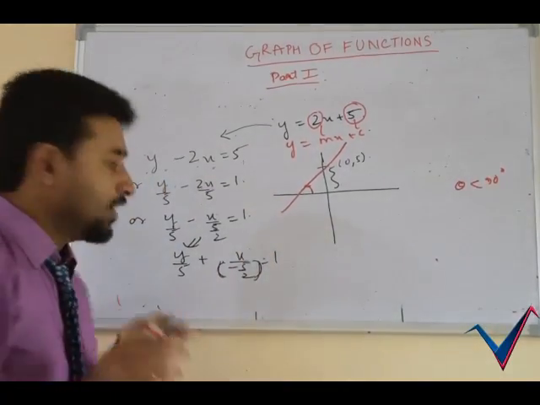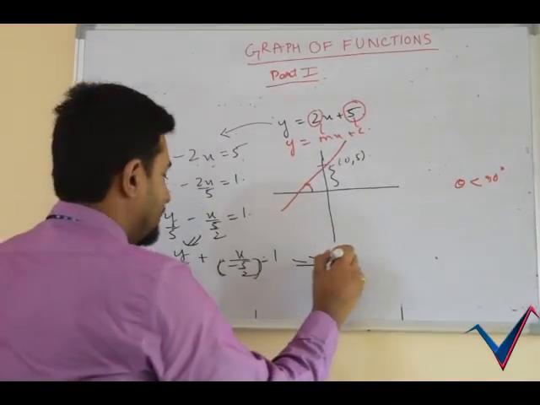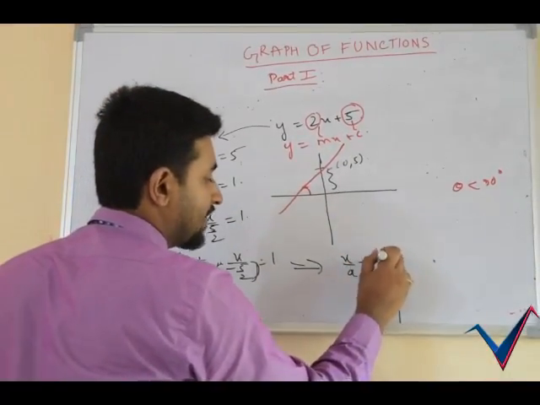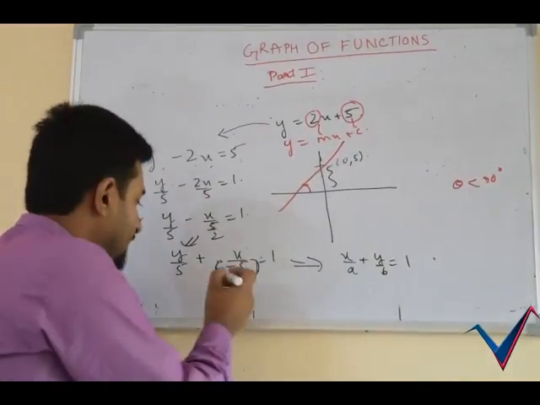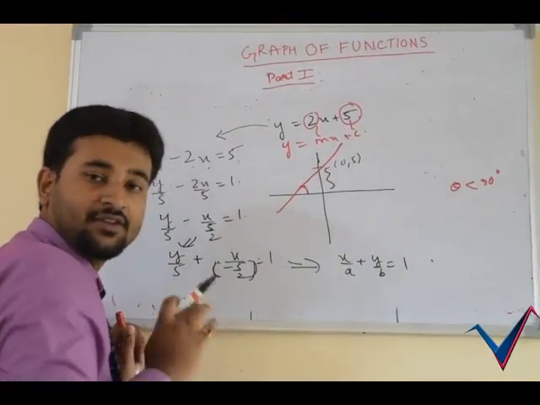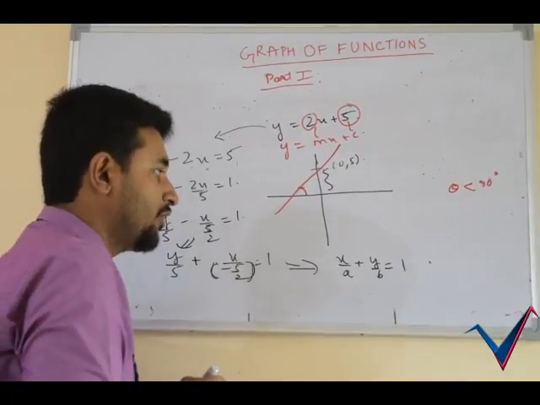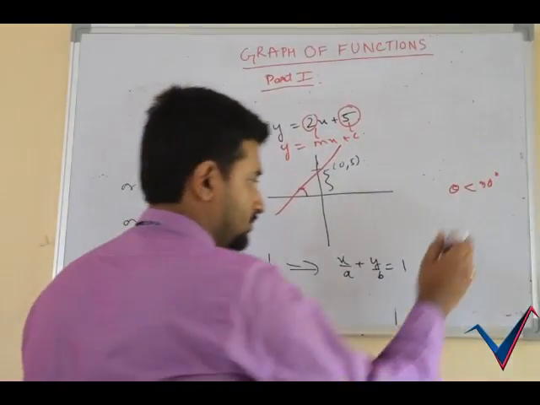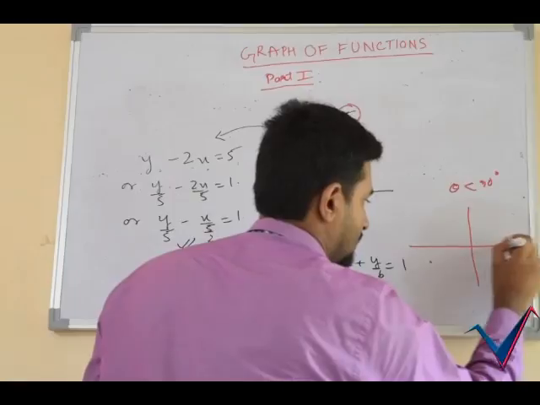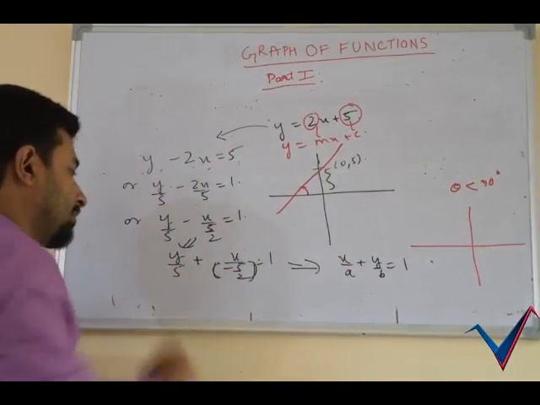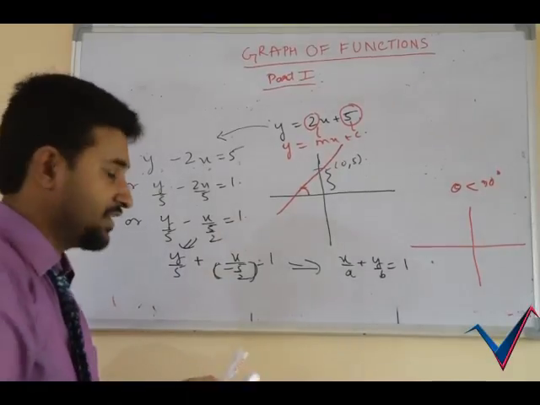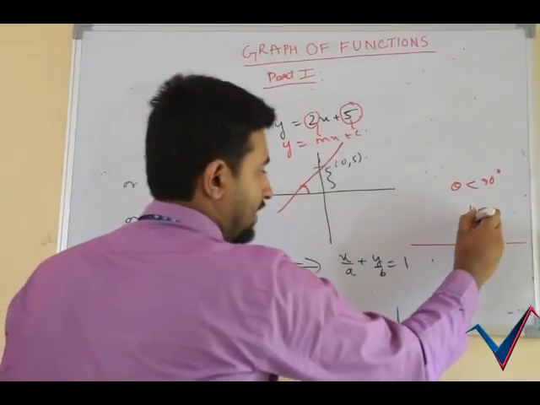Isn't the equation comparable to x by a plus y by b equal to 1? Here you have a as minus 5 by 2 and b as 5. So how will we draw the line? Just consider the y-intercept, it is 5, so 5 will be here.